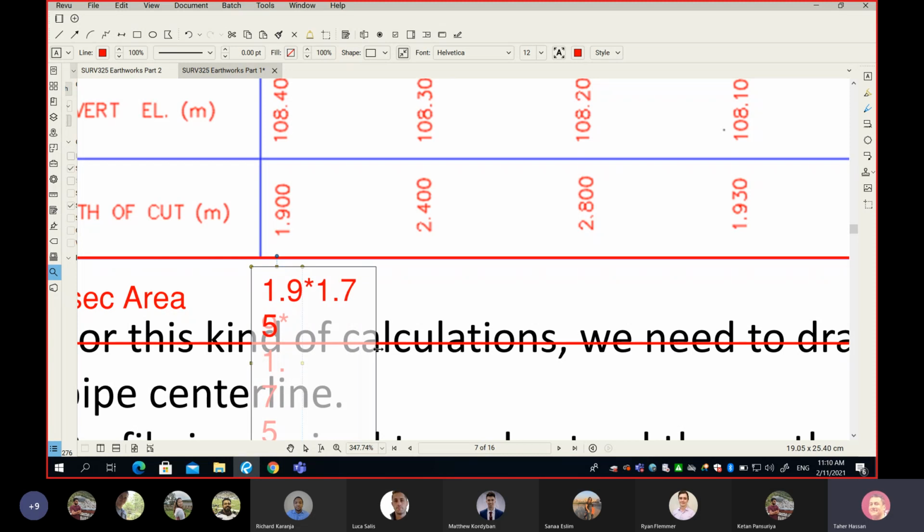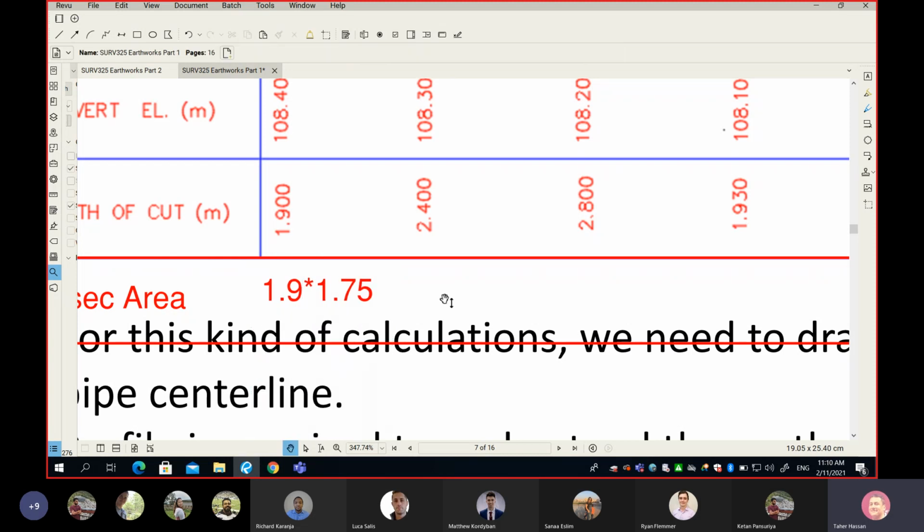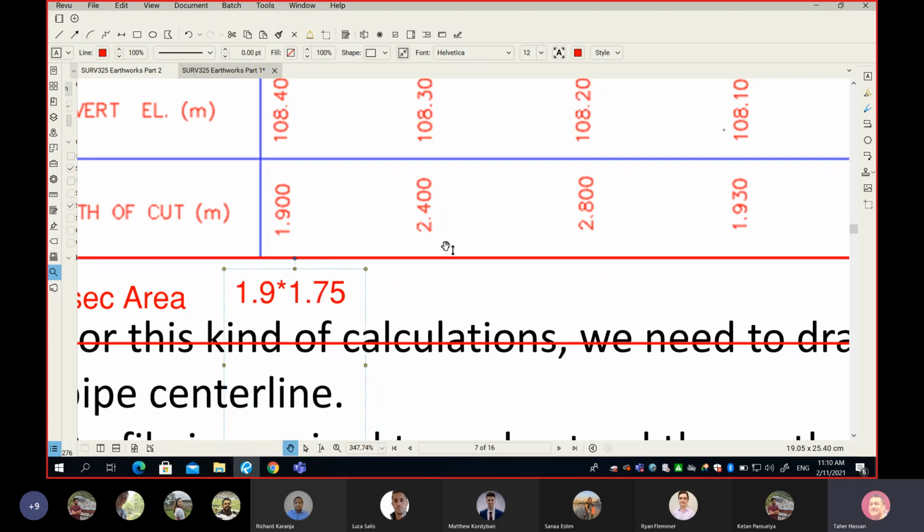And remember, for every section, there is nothing new. You have to multiply 2.4 times 1.75, 2.8 times 1.75, and so on. And see, the 1.75 is the width.